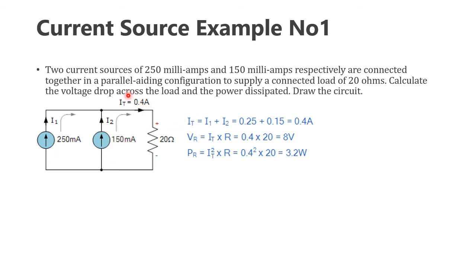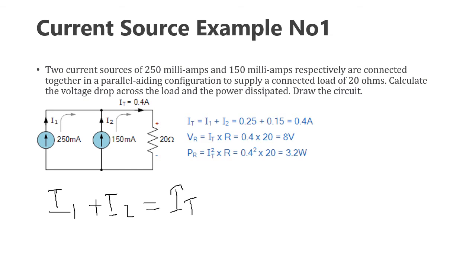So now the resultant current IT will be, as I said previously, the addition of the two current sources. At this node, if we use KCL, I1 is coming toward the node and I2 is coming toward the node. The resultant current IT we consider as leaving the node. So according to KCL, I1 plus I2 equals IT.